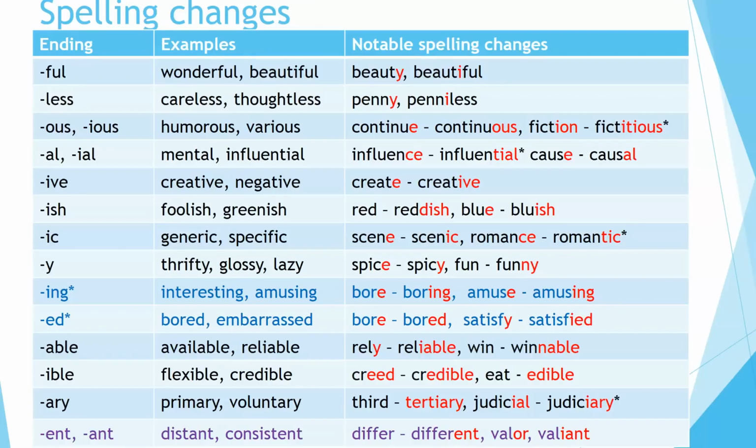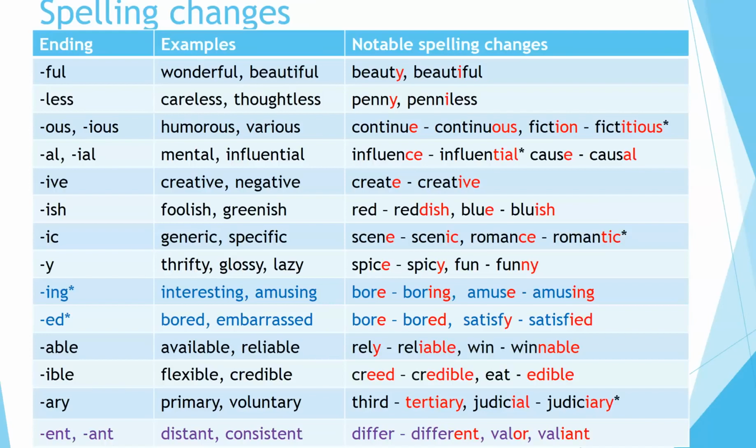ING: interesting, amusing. Again, these are blue to indicate that they also are verb endings. Bore, drop the silent E. Boring. Amuse, drop the E. Amusing. Bored, embarrassed.